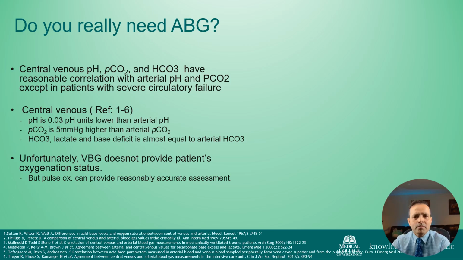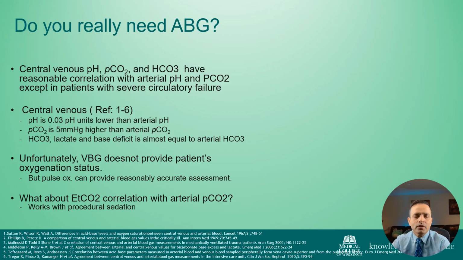So as long as pulse ox is providing that oxygenation status, why do you really need ABG, which is invasive? Sometimes that pulse ox is not reliable. So those are the people with shock. And what about EtCO2 with arterial PCO2?